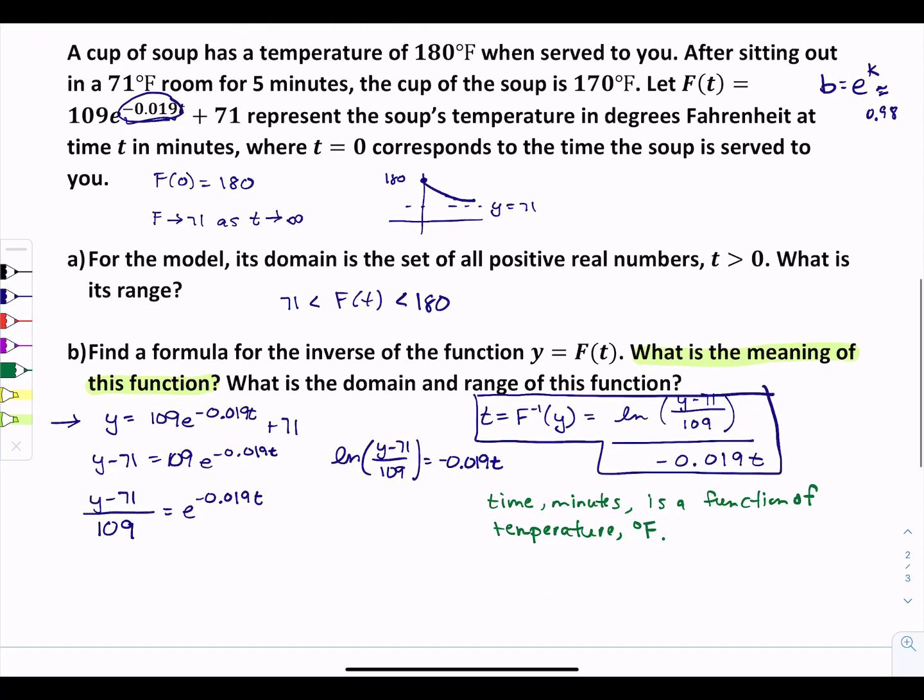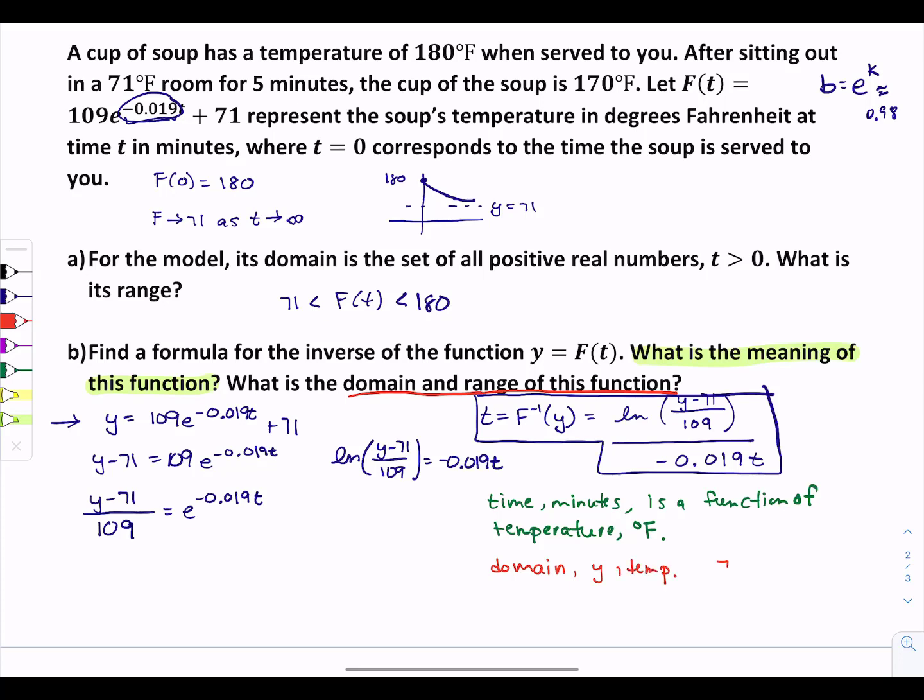And so what is the domain and range of this function? Well, we know that the domain and range of an inverse function is just the reverse of the domain and range from the original function. So for our inverse function, the domain is the y values, which was temperature.